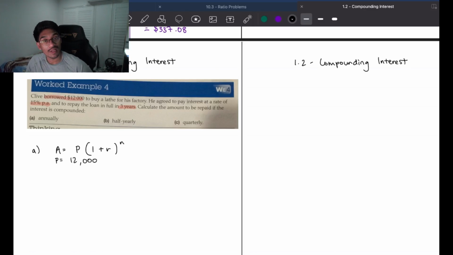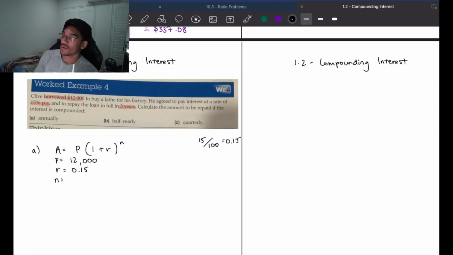The next part of the formula is the R. Do we know the rate? Yes, it's 15% per annum. Remember we want it as a decimal, so 15 divided by 100, which equals 0.15. Now here's a new part. Compounded means how many times the interest is being made on itself.